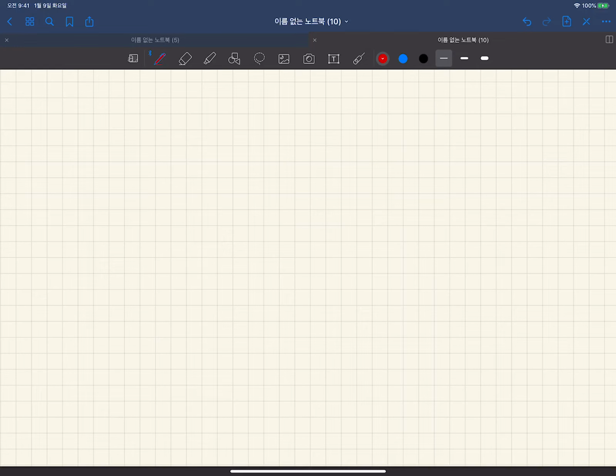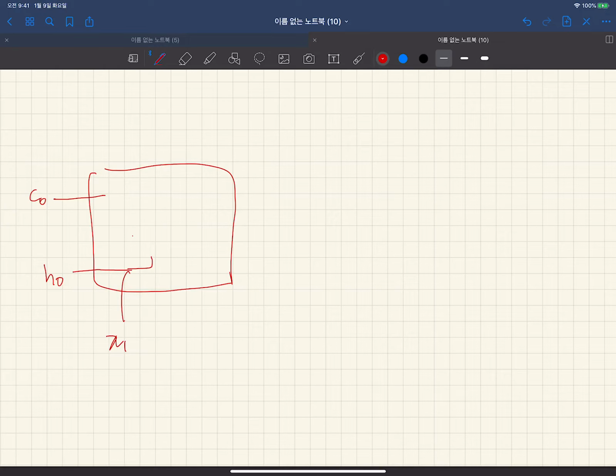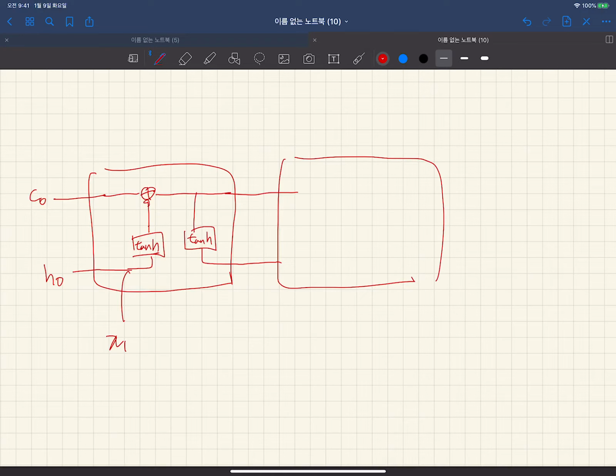Then your LSTM unit essentially becomes: C0, H0 come in with x1, and the hyperbolic tangent output is just added, the sum of information stored to the hidden state, then the second LSTM unit with x2, hyperbolic tangent, plus, h2, and so on.